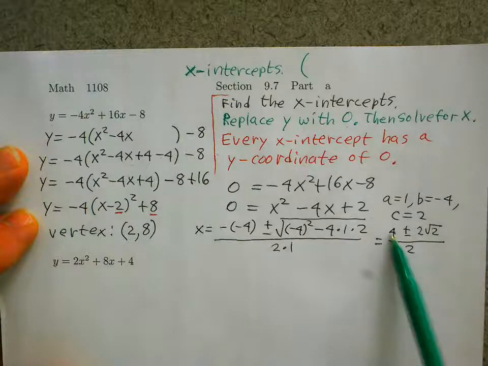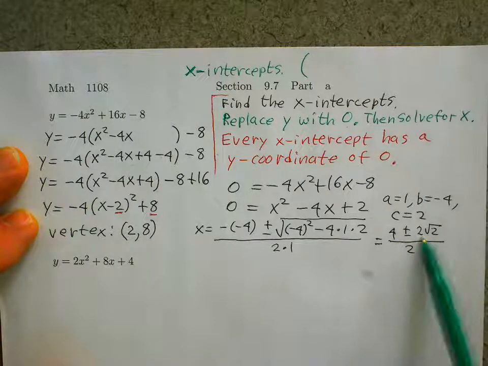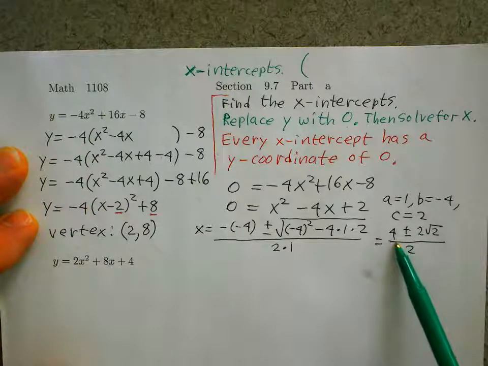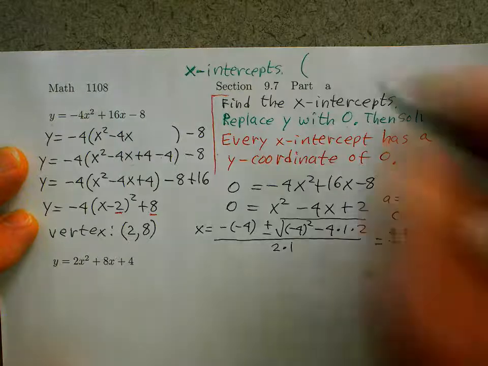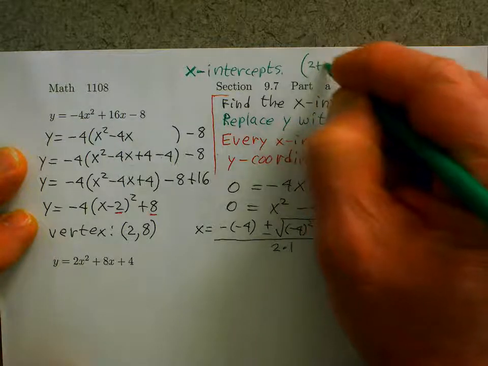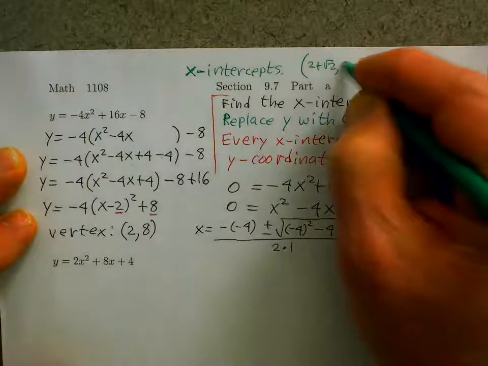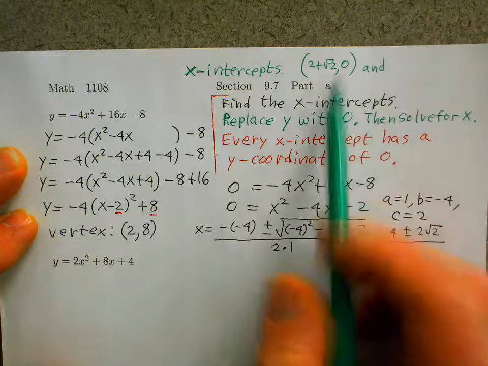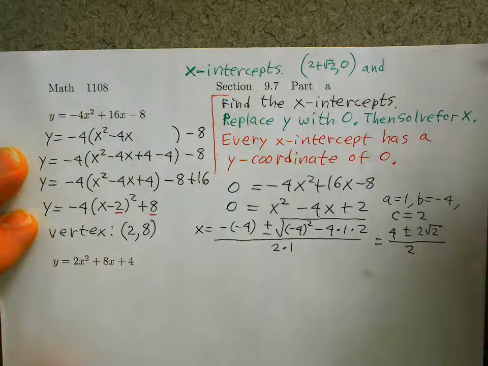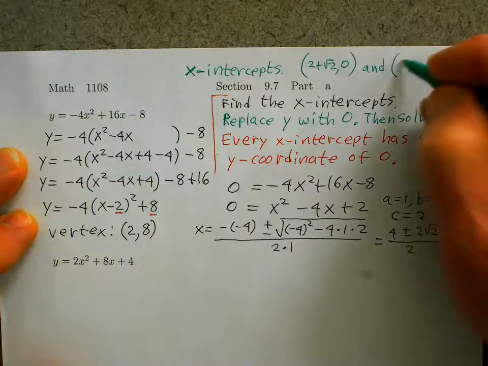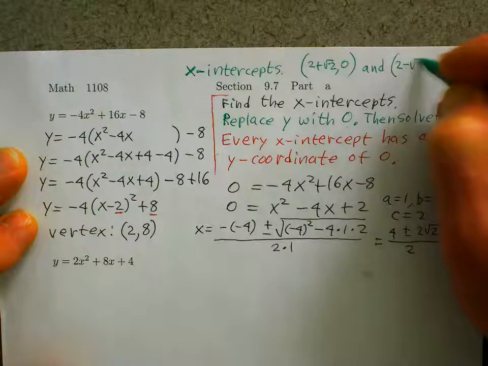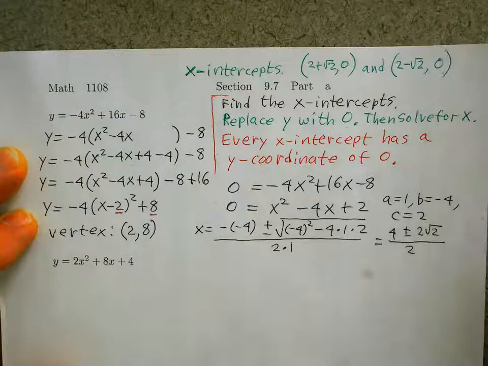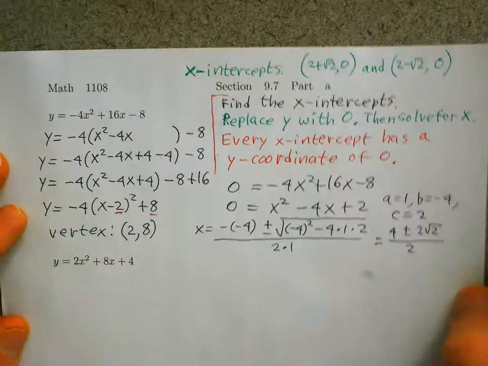When we simplify 4 plus and minus 2 times the square root of 2 over 2, one of those will just be 2 plus the square root of 2. The y-coordinate is 0 for that x-intercept. And the other x-intercept, the x-coordinate is 2 minus the square root of 2. And the y-coordinate is 0.